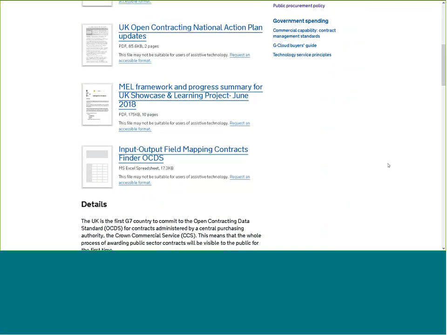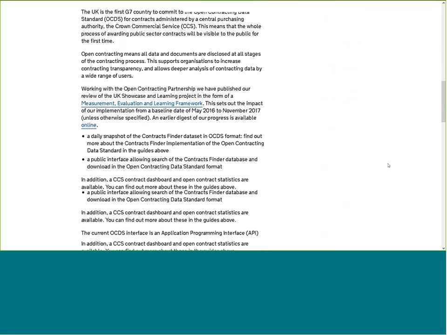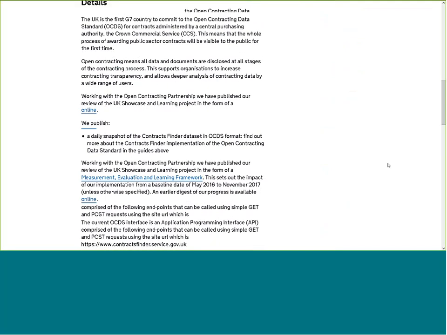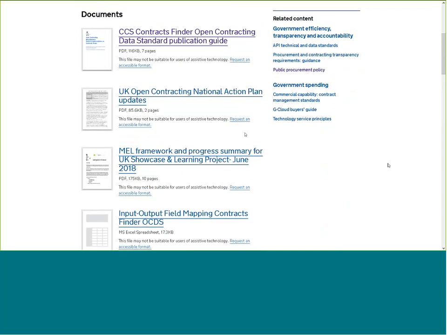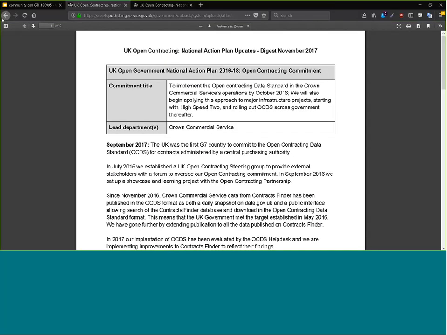One of the things that also drive us, we've been very active in the Open Government Programme and committing to our 2-year action plans. So we committed to open contracting in the 2013-15 action plan, and then we committed to publishing under the Open Contracting Data Standard for Crown Commercial Service in the 2016-18 action plan. And clearly, we wanted to explain to folk what we were doing, and so we've put up references to that in our background, because we took that commitment quite seriously.